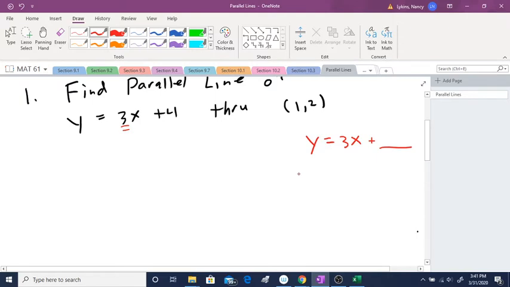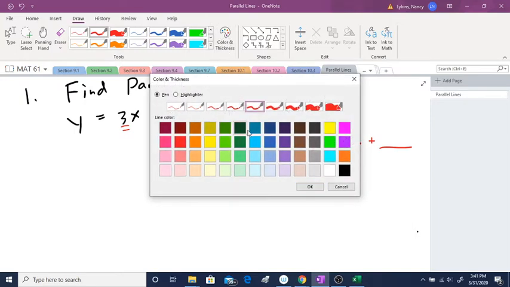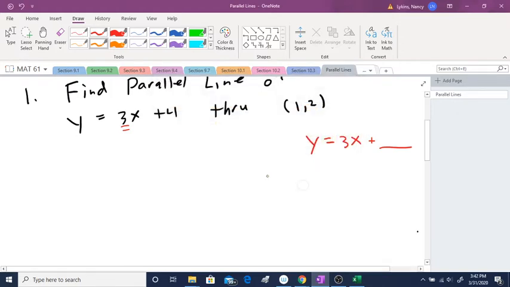Okay? Now, one of the easiest ways, in my opinion, to find out what that plus something is, is to use our y equals mx plus b form. Now, look at my point (1, 2).